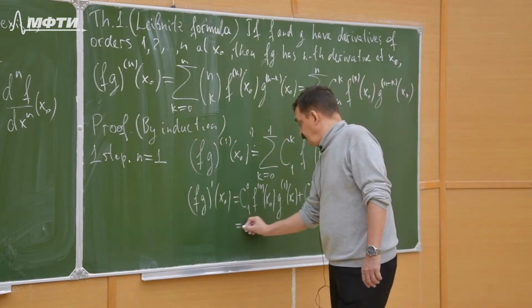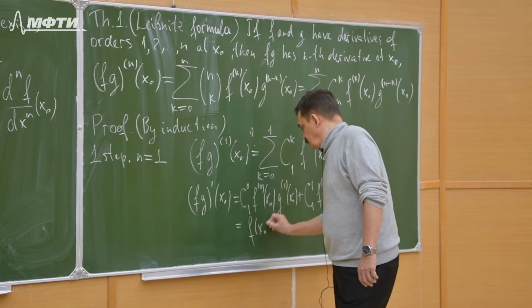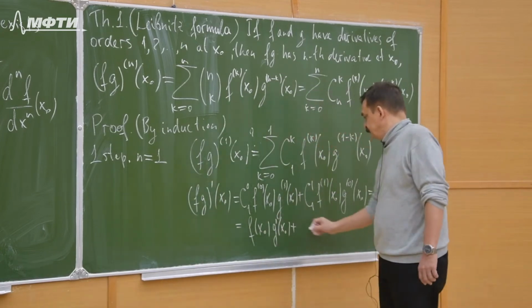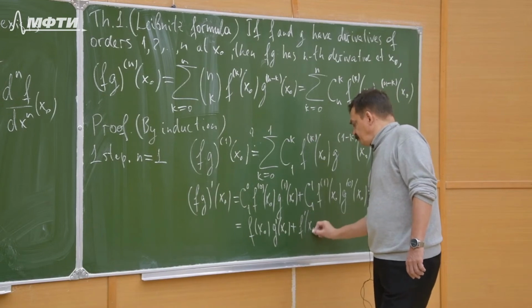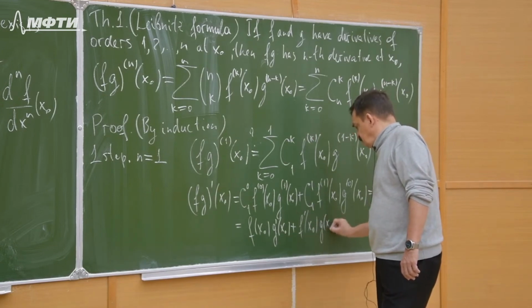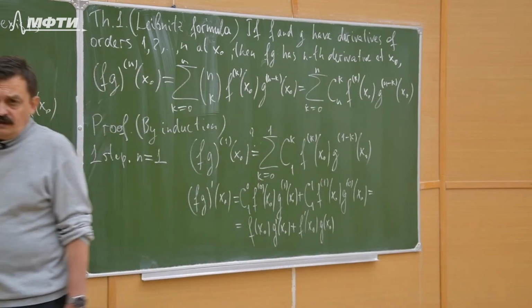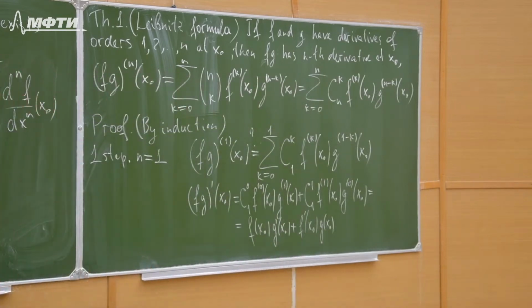So we have f at x naught g' at x naught plus f' at x naught g at x naught. And that is nothing else but the rule to find the derivative.